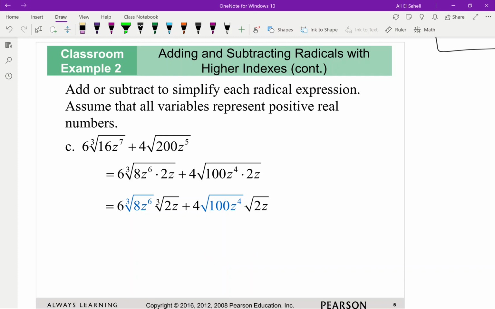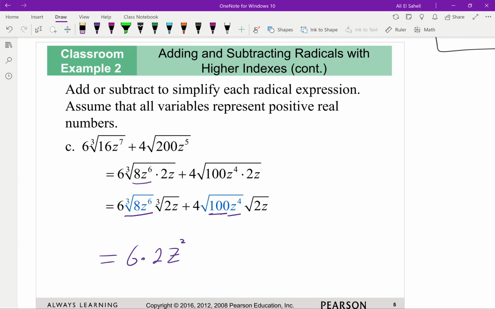So now this is 2Z squared to the power 3. Along with the cubic root, they cancel out. Okay, and this is what we will have. So we have 6, this becomes 2Z squared, plus this goes out as 10 and Z to the power 4 over 2, Z squared.